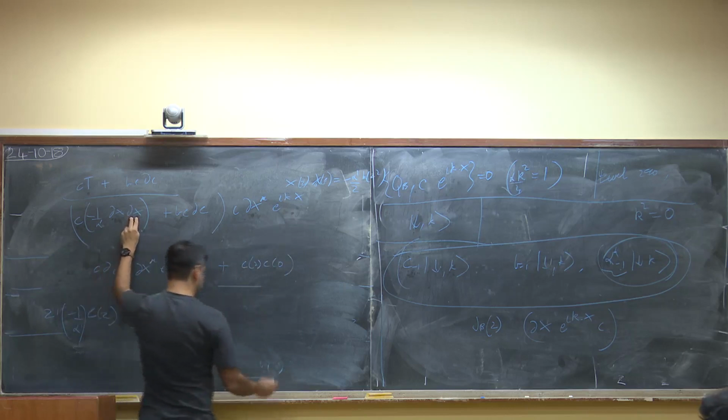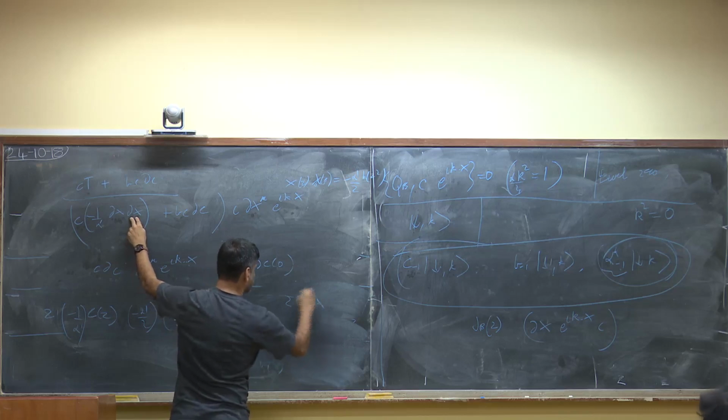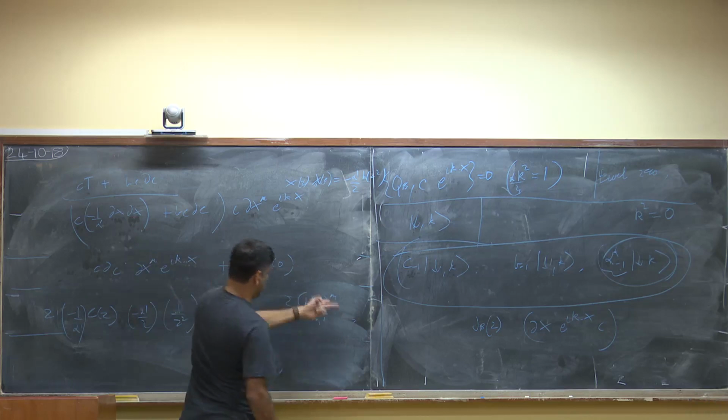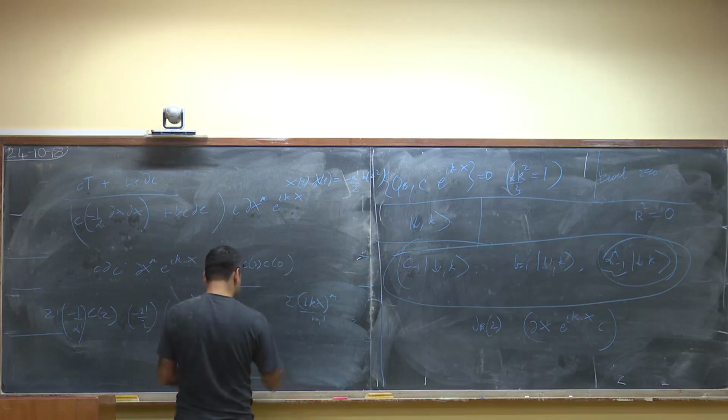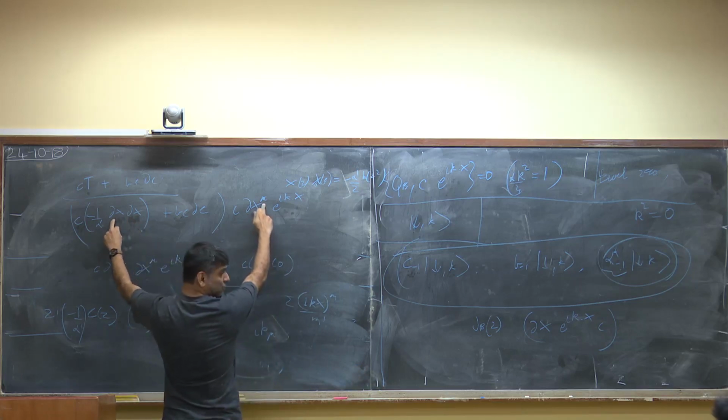But when you contract that with that, that's just contracting with i k x to the power m by m factorial. There are m ways. So you will just get an i k mu, because this only clicks when this is an x mu, so this will also have to be an x mu.